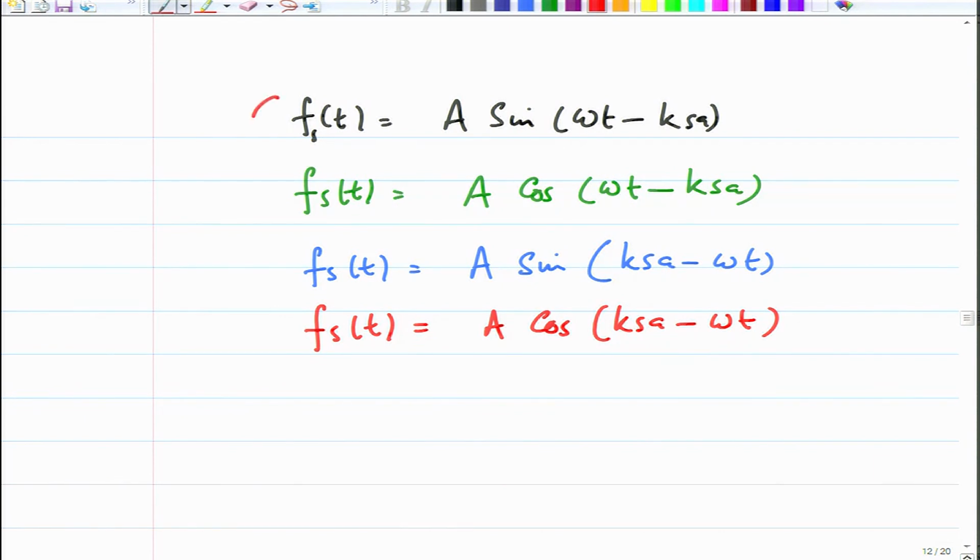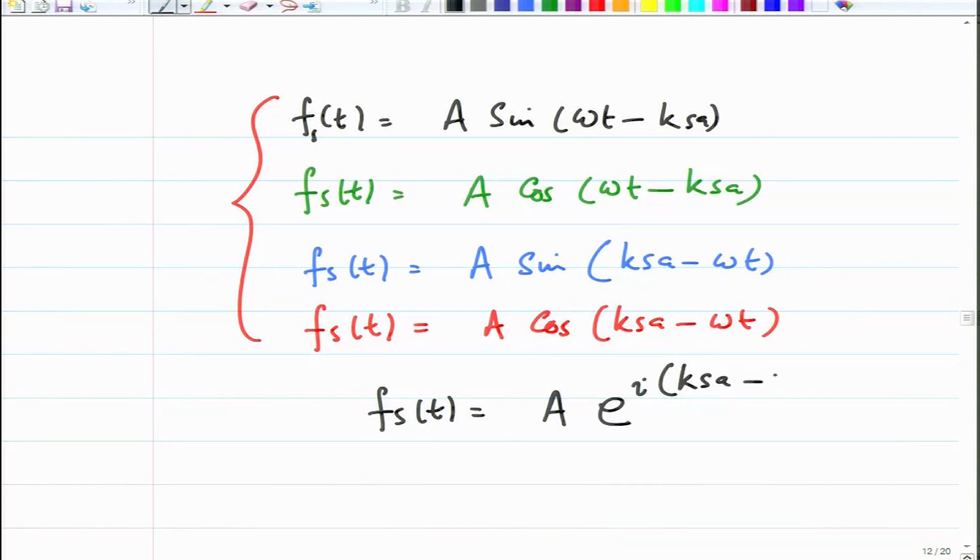And generally to make maths easy, what you do is you combine all this and write your f s t as some amplitude e raised to I k s a minus omega t, because when you do this, adding, subtracting, multiplying, taking differentiation, that becomes easy.